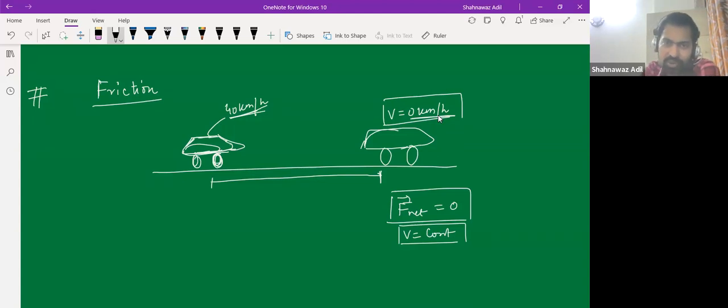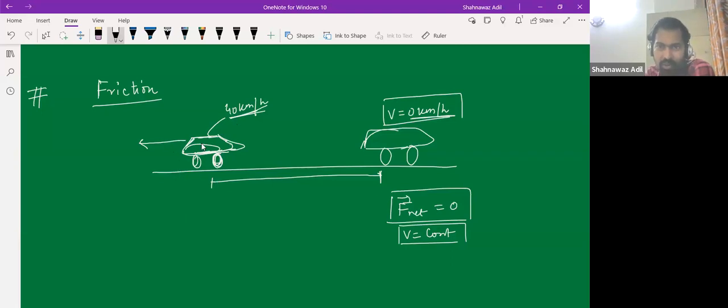Because if it is stopping, the law of inertia is breaking, and that happens when there is some external force. So something is applying force in the direction opposing the motion of this car.